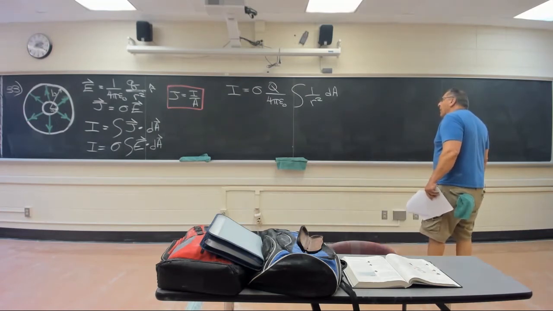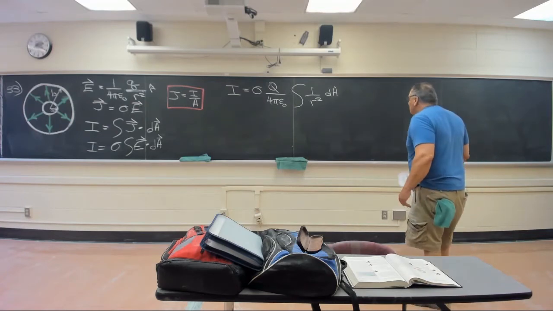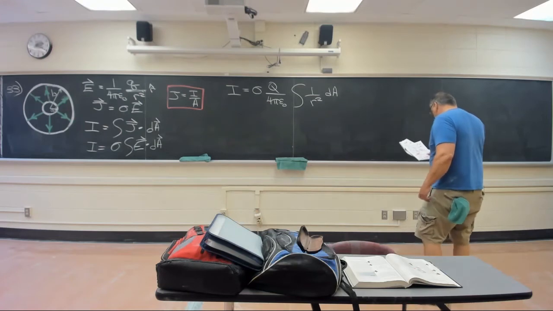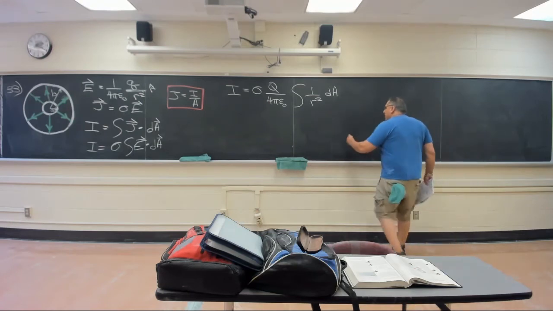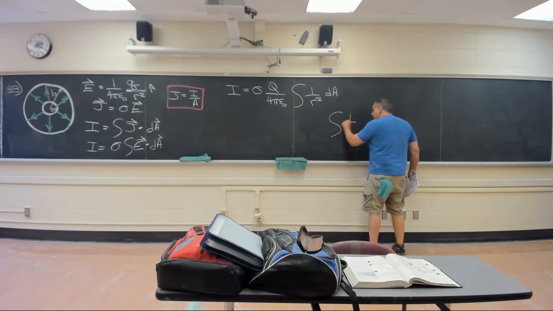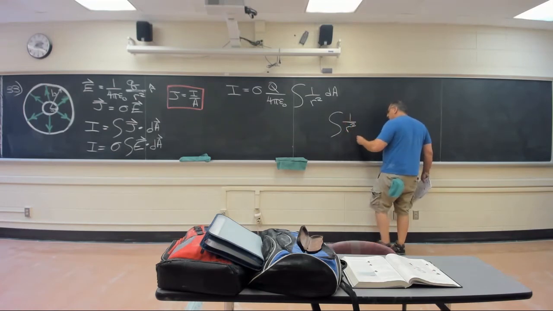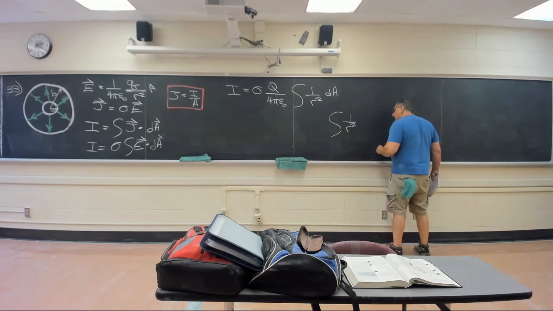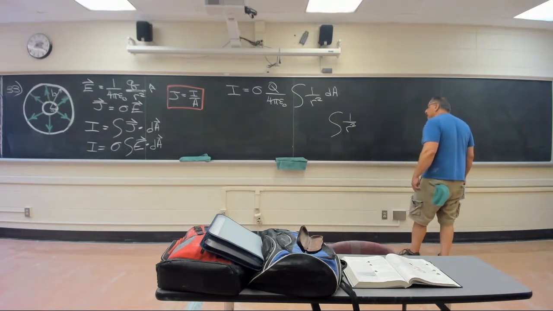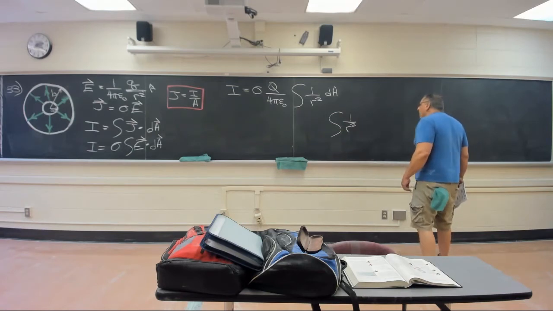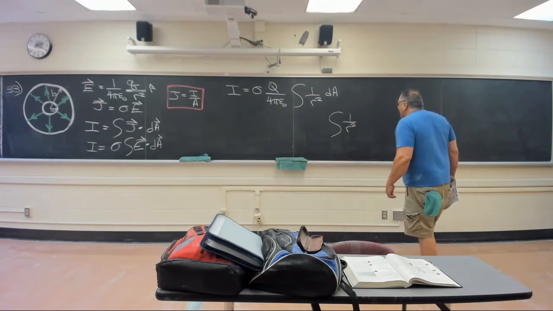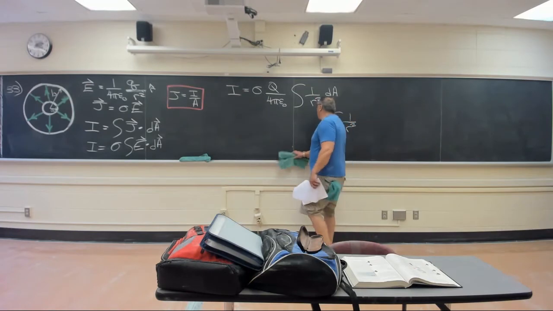There's a bunch of ways you can hit this, I guess. You could say a bunch of things here, guys. You could say that for this 1 over r squared, the dA is the differential element of area under consideration. It gets a little messy on that point, and you're probably much better off not going there.